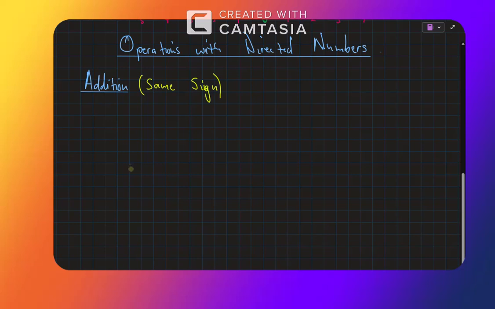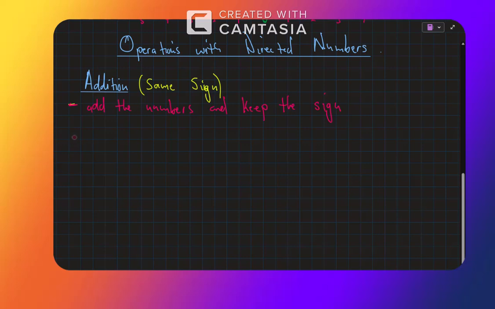If the values you are adding have the same sign, you just add the numbers and keep the sign.